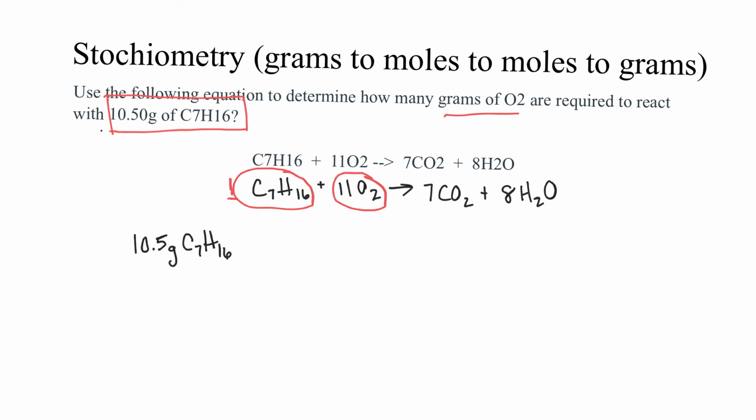And notice that I'm using my units because it's much easier to go back and check that you've set everything up right if you can cancel everything except for the grams of O2. So we're going to put that over 1. That's our given. We always start with what we're given and put it over 1. And again, we're trying to go from grams of C7H16 to grams of O2.